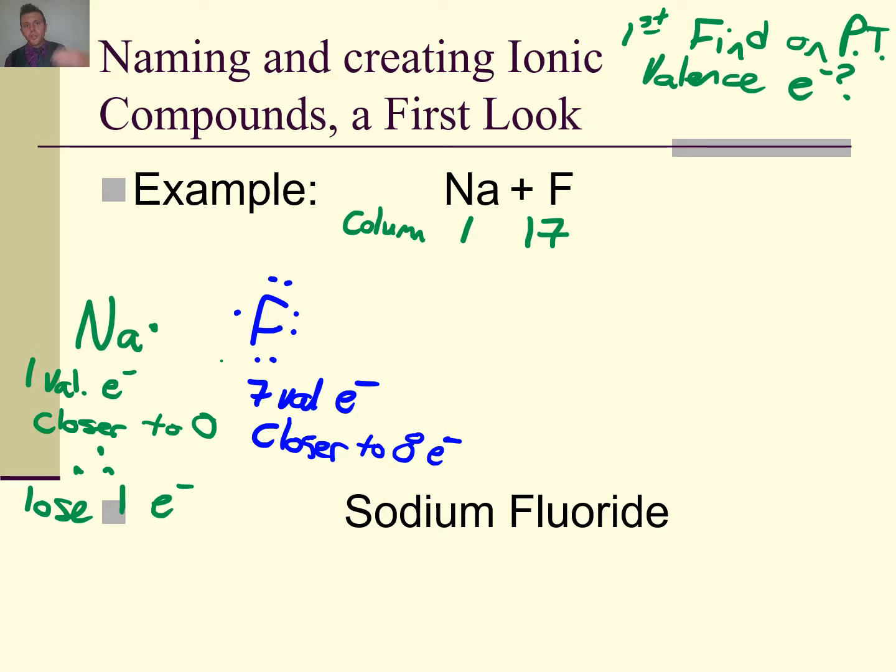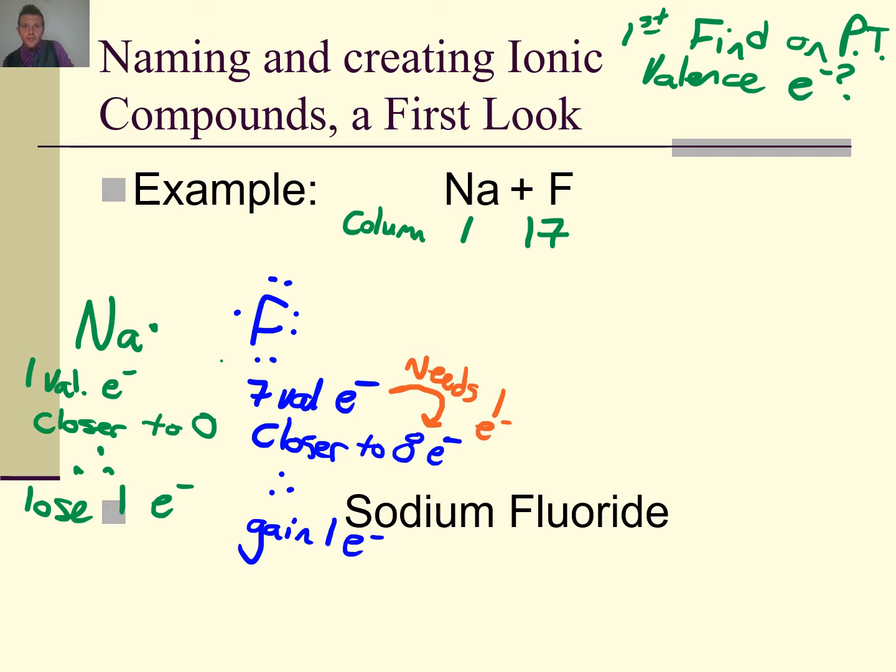It's closer to filling up its outer shell with 8 electrons than it is to losing it. So it's going to want to gain 1 electron, because from 7 to 8, it needs 1 electron to get to that final little bit.